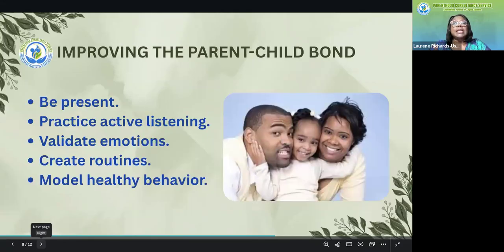So let's see what you can do to improve the parent-child bond. So be present. How can you be present? Simply spend quality time more than quantity. Have you ever seen parents taking their child? Okay, I can remember this parent, with a second grader. I'm laughing because this is interesting.